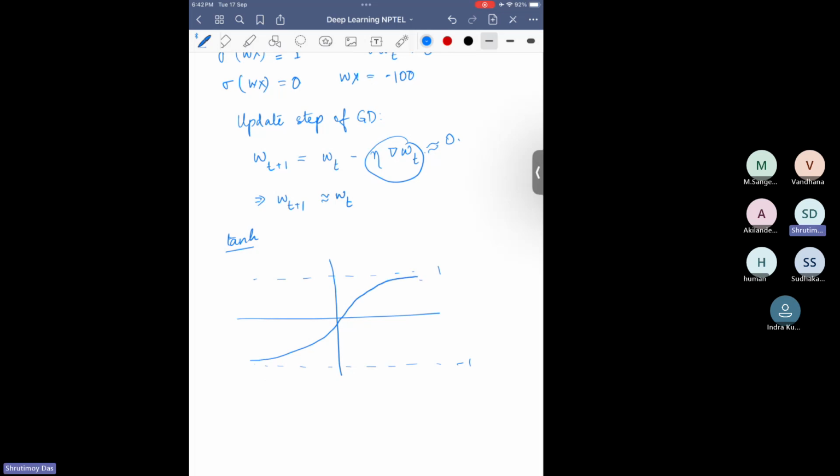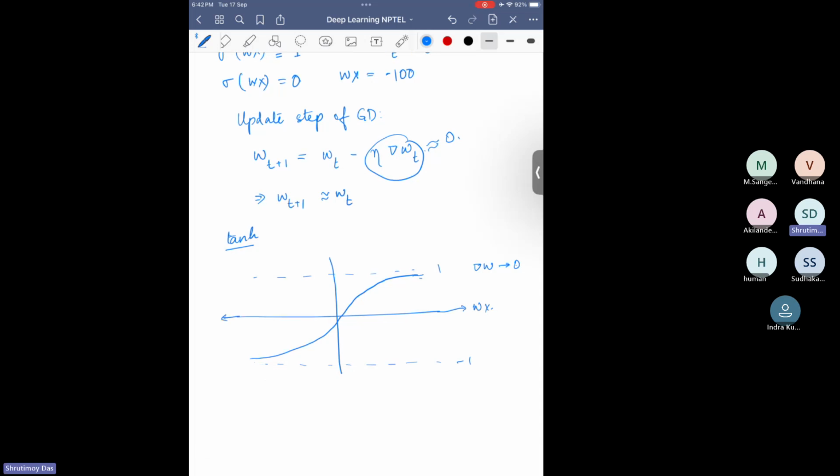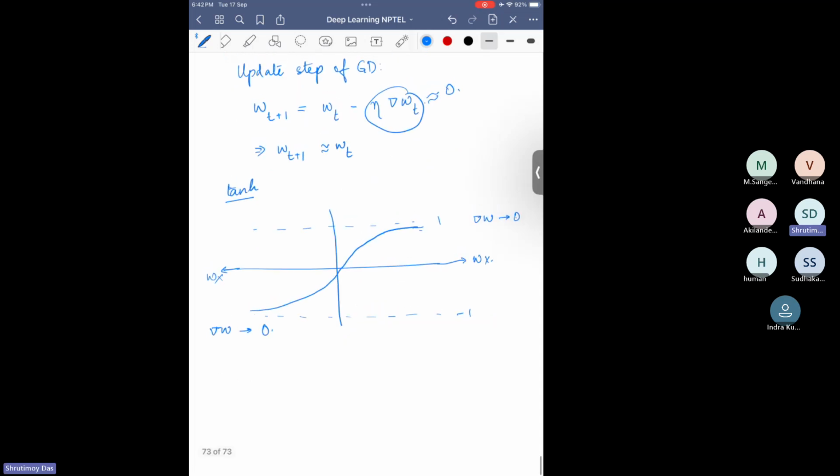Here also we have the same problem. If our wx is large, the gradient of w goes to 0. And if our wx is small, your gradient of w also goes to 0. So if we do some gradient descent update, your wt plus 1 is almost close to the weight that you have.